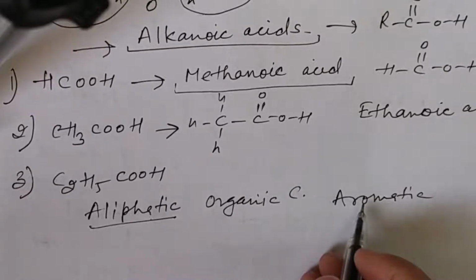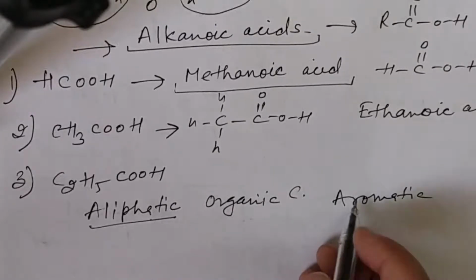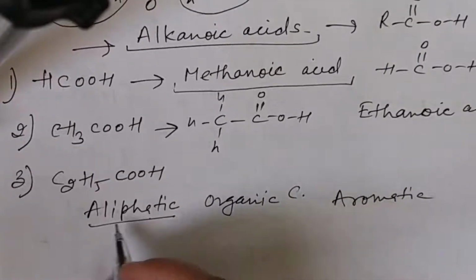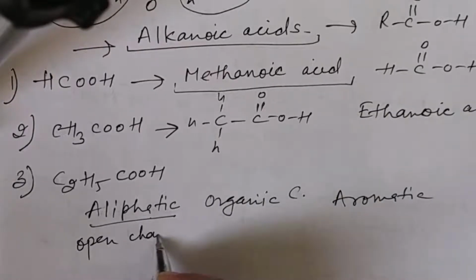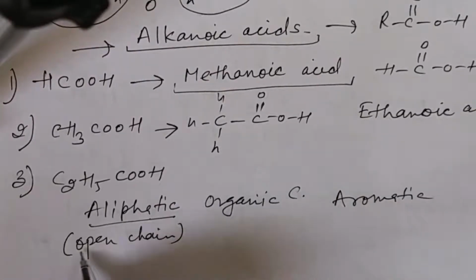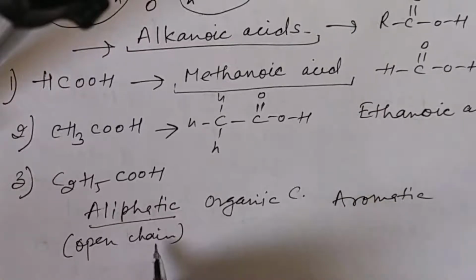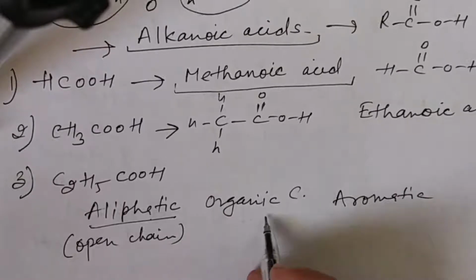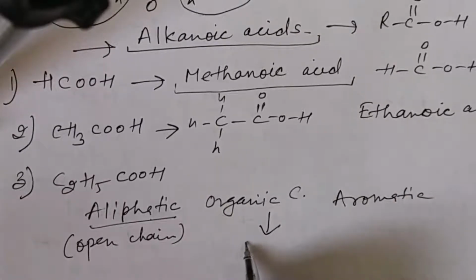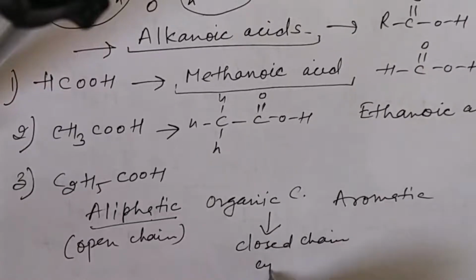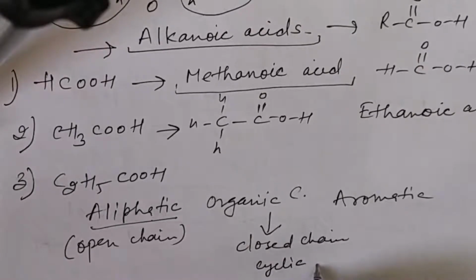Organic compounds can be divided into aliphatic and aromatic compounds. Okay, and here aliphatic compounds are basically open chain compounds. Open chain compounds. Now organic compounds can also be divided into closed chain or cyclic compounds.